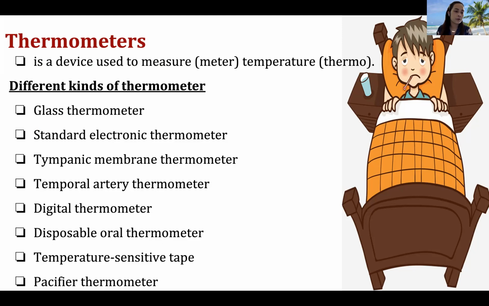We have glass thermometer, standard electronic thermometer, tympanic membrane thermometer, temporal artery thermometer, digital thermometer, disposable oral thermometer, temperature sensitive tape, and we have the pacifier thermometer. Okay, can you believe that we have the pacifier thermometer? It's like a baby's pacifier which has a meter inside.